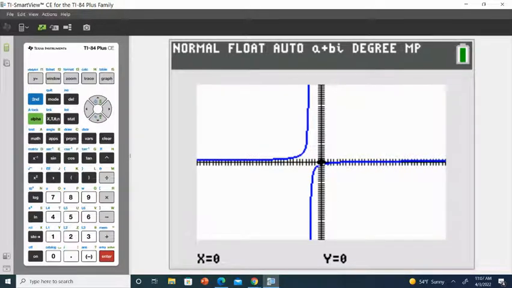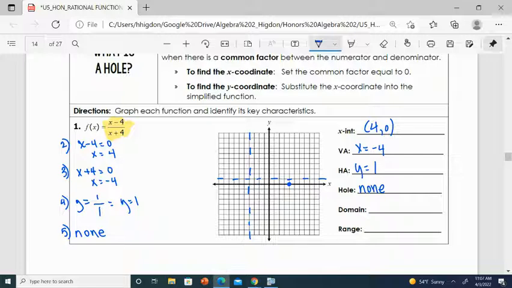So from here, all I'm going to do is sketch this. We had upper left and bottom right.